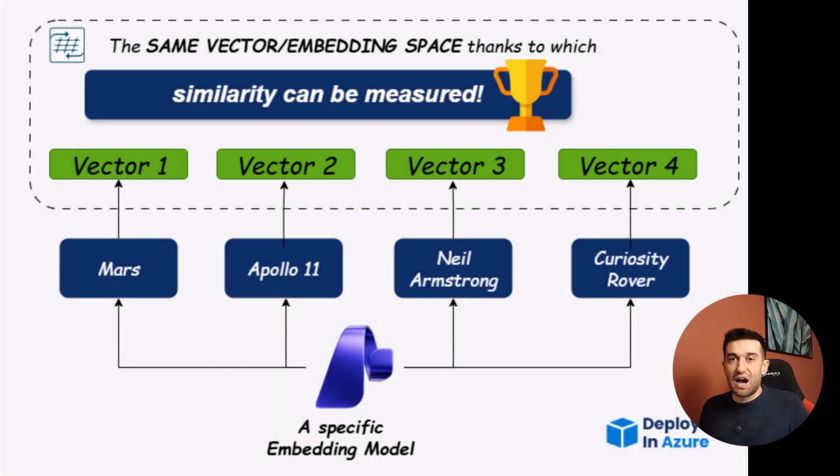Another term I would like to explain is an embedding space. An embedding space is where all vectors produced by a given embedding model live, which also means that you can compare vectors only within a single embedding space.